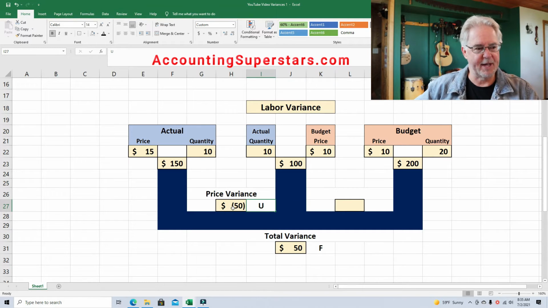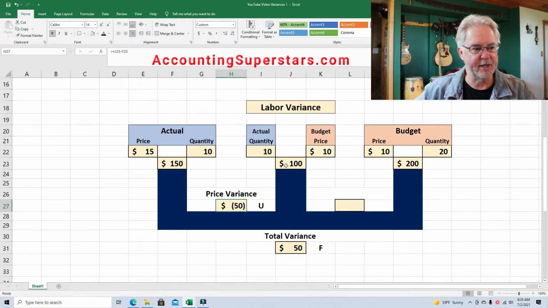All right, so one more time. How did we get this negative 50? Well, over here on the right side, we've got a budget component because the actual quantity and the actual quantity are the same thing. So it's the budget price and the actual price that are different. So this represents budget for the time being. So 100 is less than 150.